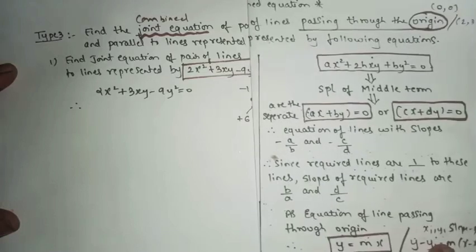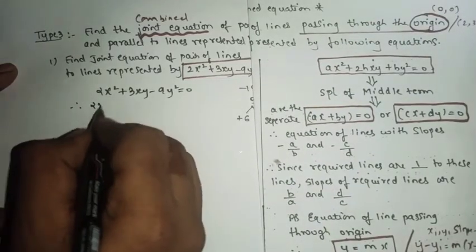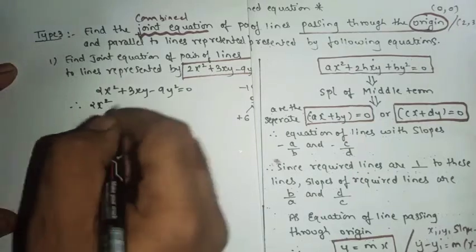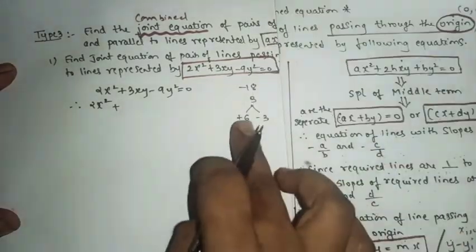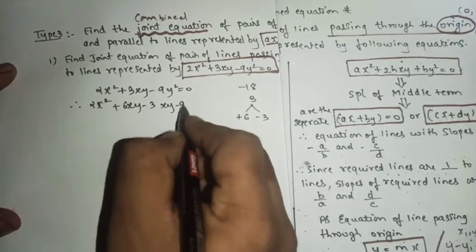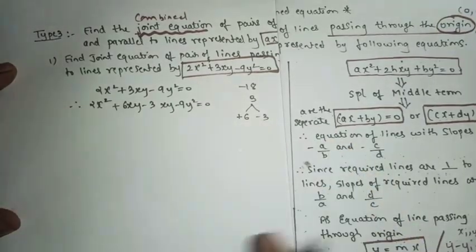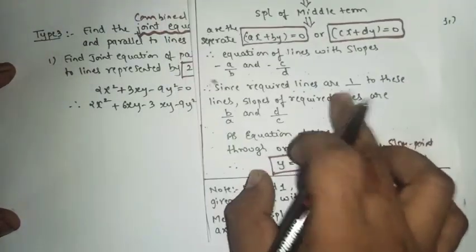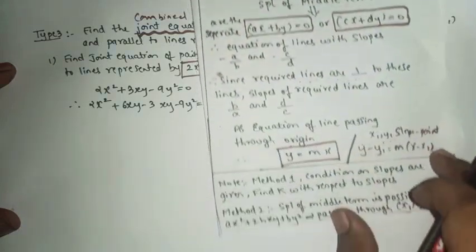Yes or no? Okay, so 2x square plus 6xy minus 3xy minus 9y square equals to 0. I had explained in depth when to apply method number 1 and when to apply method number 2 in the previous video. Yes or no?